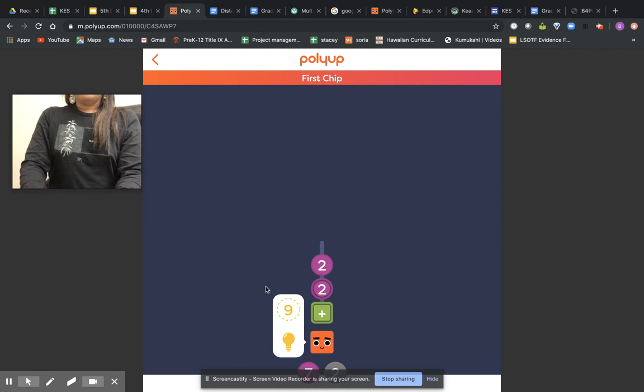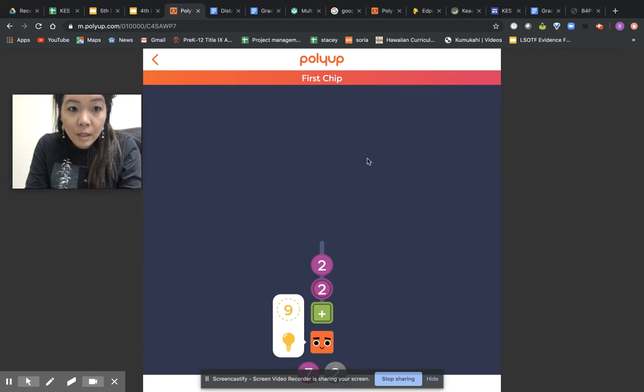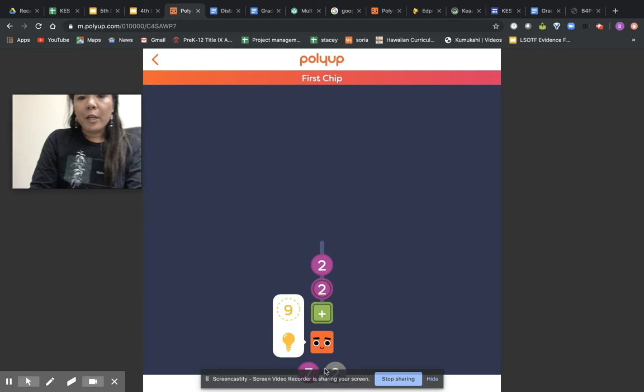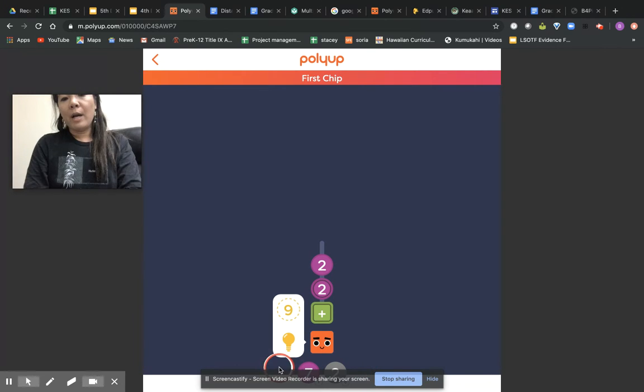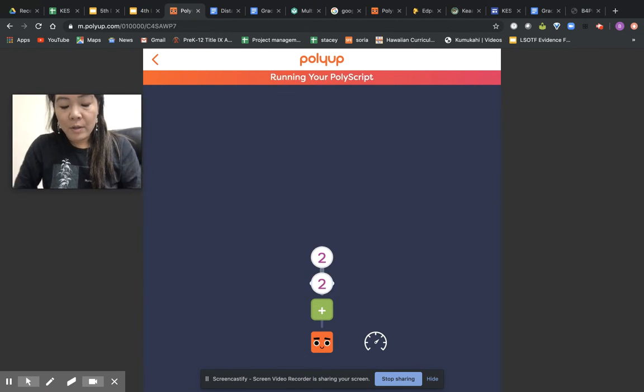Okay, so the thing is we're trying to get to the number 9. I don't think you can see on my screen, but we have these variables on the very bottom. Can you see where I'm clicking? On the very bottom we have these variables that we can add onto the equation. But let me just click on Polly to show you how this machine runs.